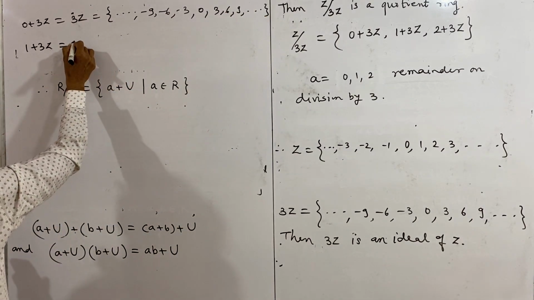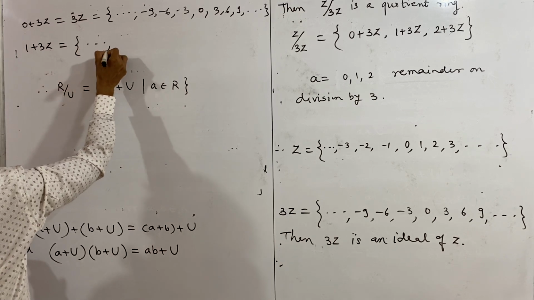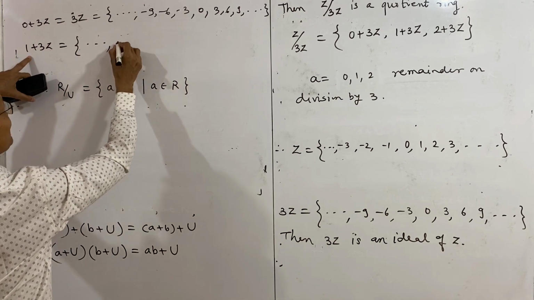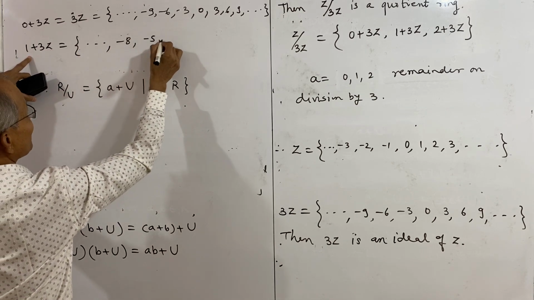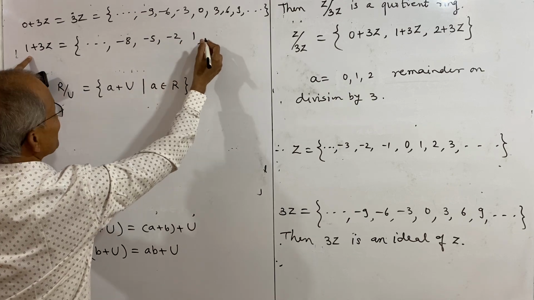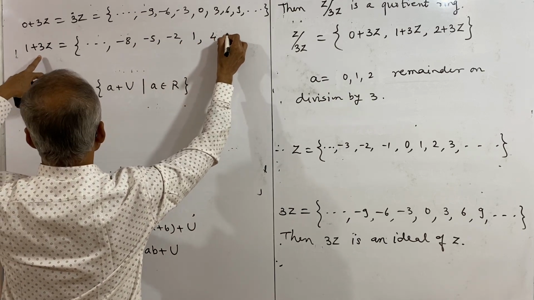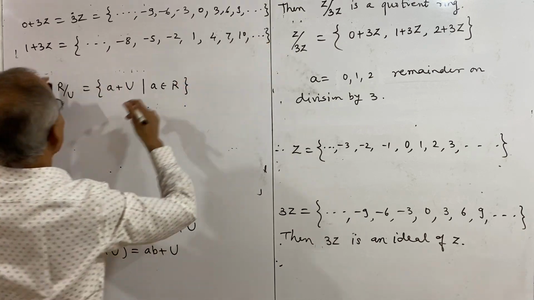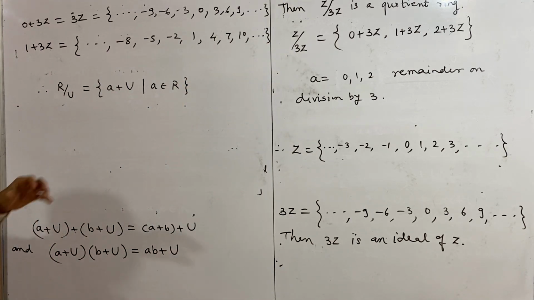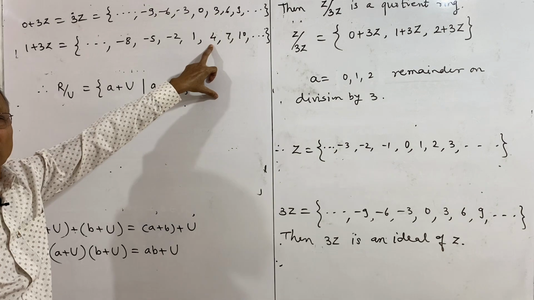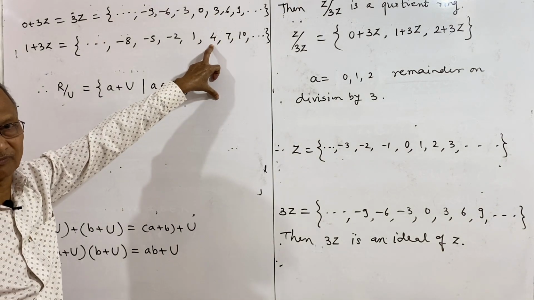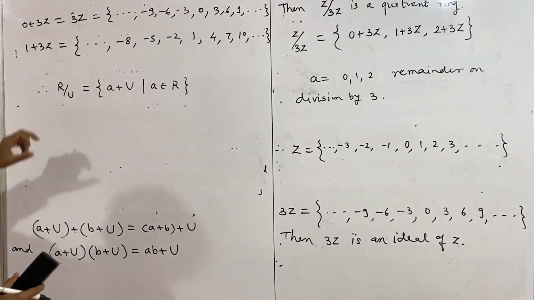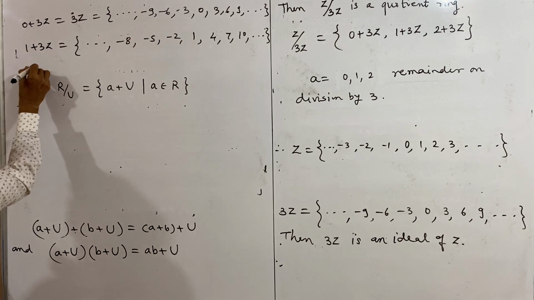Here we add 1 to each, so we get minus 8, minus 5, minus 2, 1, then 4, 7, 10, etc. And these are the integers which leave remainder 1 when divided by 3, that is 1 plus 3Z. And what about 2 plus 3Z?